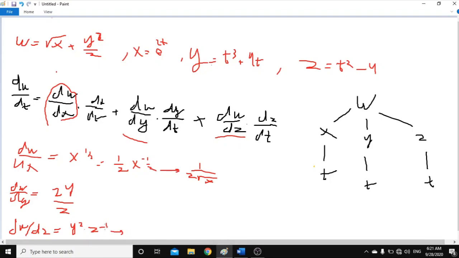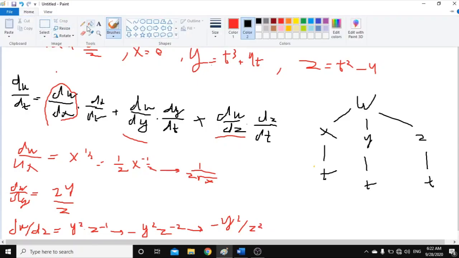The minus 1 goes to the front, so it becomes minus y squared times z to the power negative 1 minus 1, which becomes negative 2. The answer is negative y squared over z squared. And those are the answers.